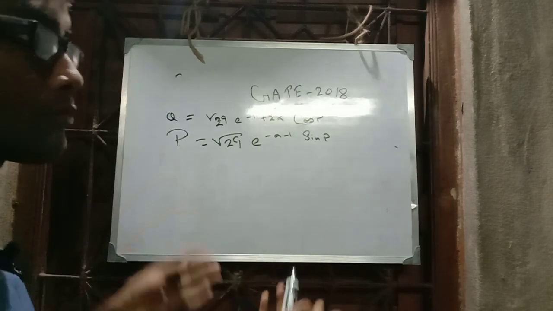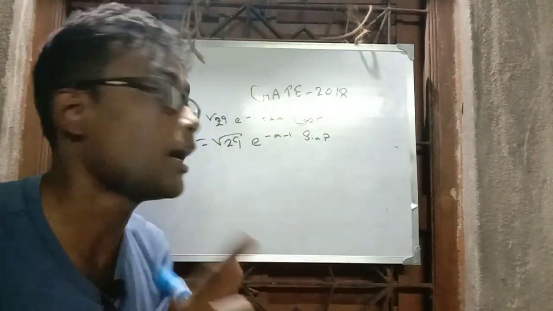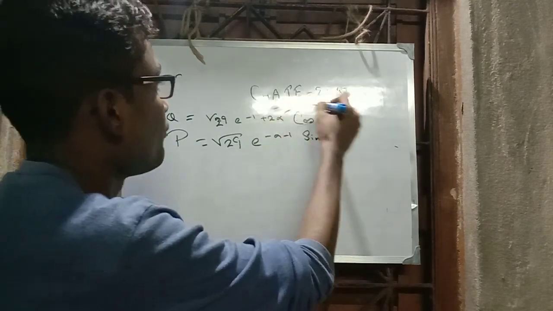By the question, this transformation is also canonical, and you have to find out the value of this alpha.